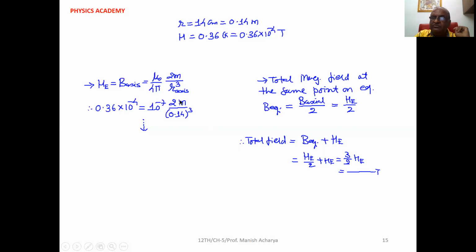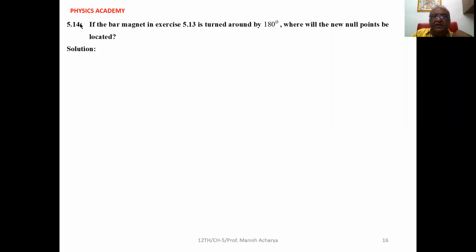And then you have to substitute the value of m in the equation of B equatorial. And they can ask you additionally to calculate the magnetic moment also in this case. And therefore, this portion is mentioned here. Clear to all of you?